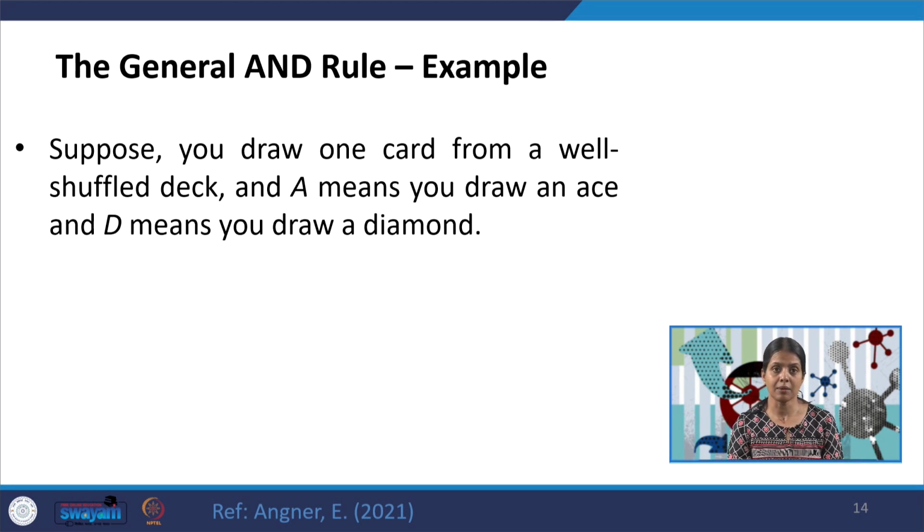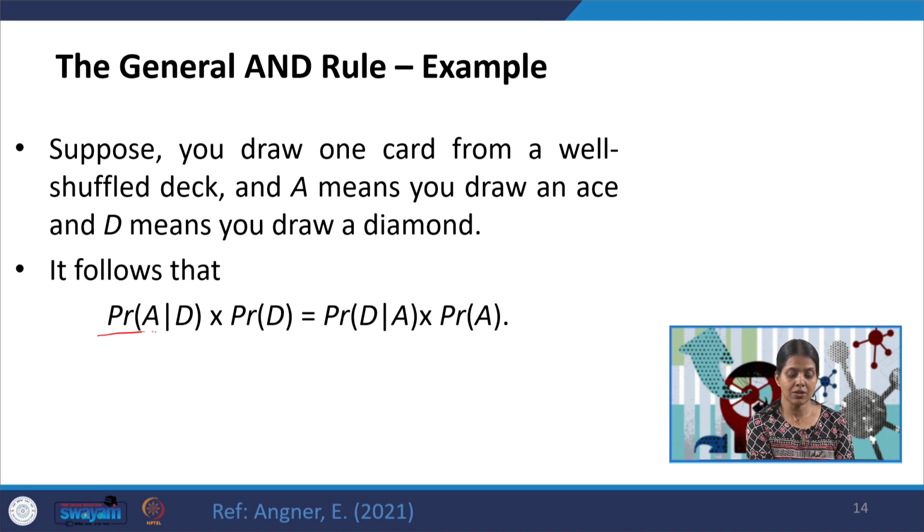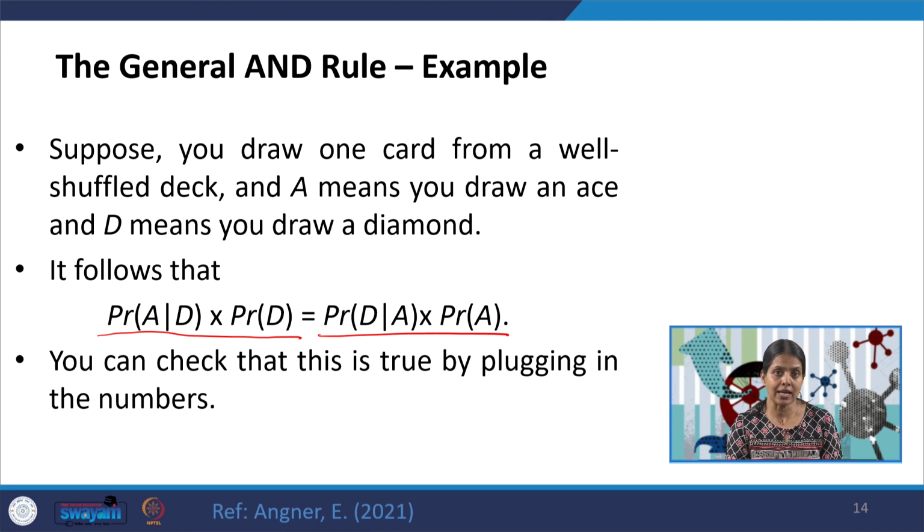Now, let us take an example of the general AND rule. Suppose you draw one card from a well shuffled pack, and A means you draw an ace and D means you draw a diamond. It follows that probability of drawing an ace conditional upon drawing a diamond, multiplied by probability of drawing a diamond, is equal to probability of drawing a diamond conditional upon an ace, multiplied by the probability of drawing an ace. You can check that this is true by plugging in the numbers.